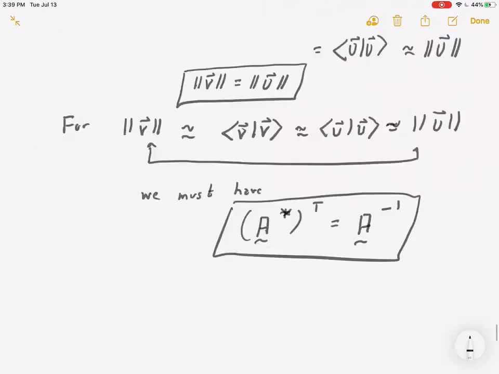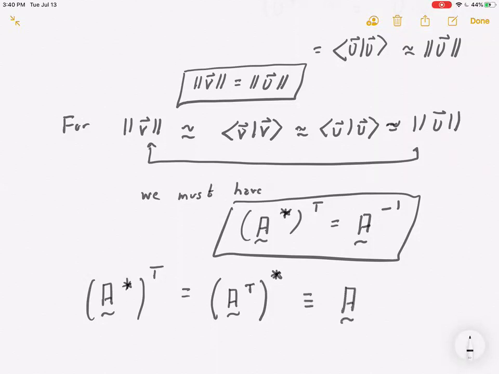Now, I don't know about you, but this is a lot of notation to carry around. So I'm going to make my life a little simpler. I'm going to recognize that the transpose of the complex conjugate of A is the same thing as taking the transpose of the matrix first and then taking its complex conjugate.